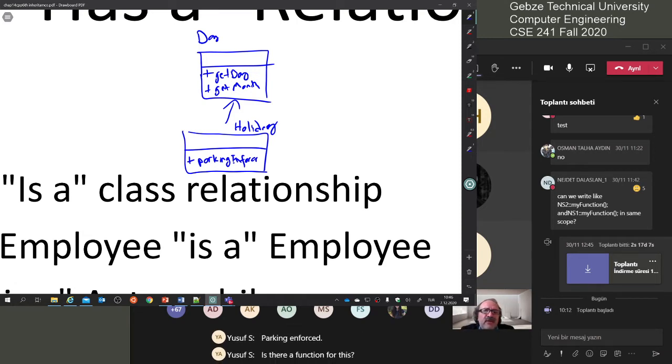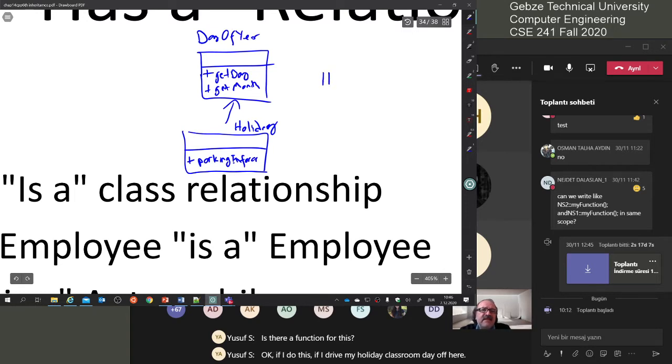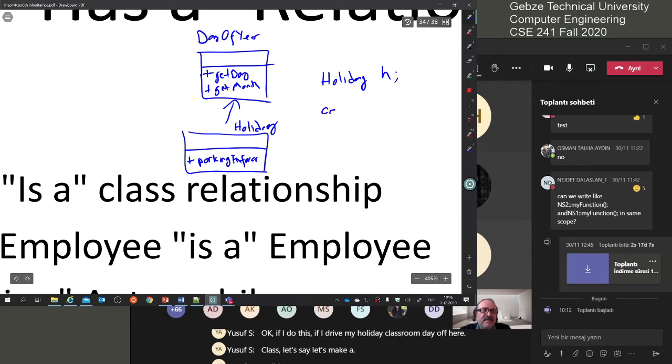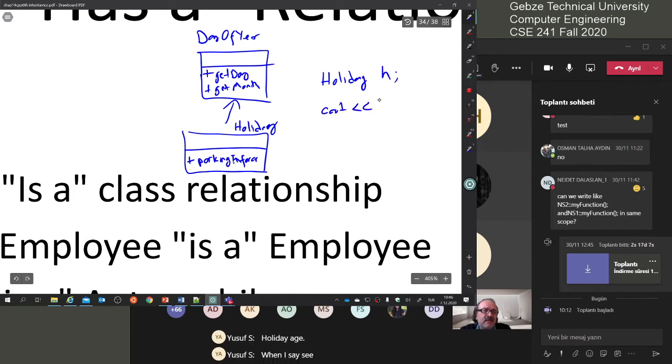Okay, if I derive my holiday class from day of year class, let's say, let's make a holiday age. When I say cout age dot get day, it will print something on the screen.